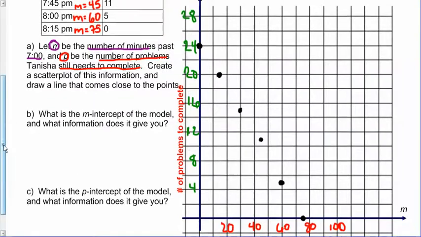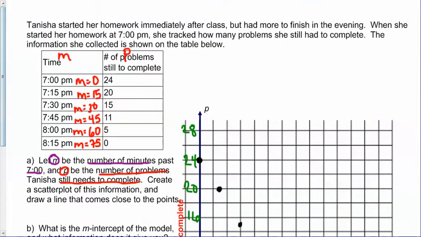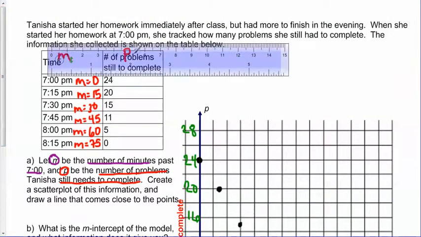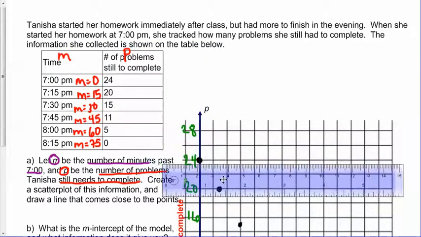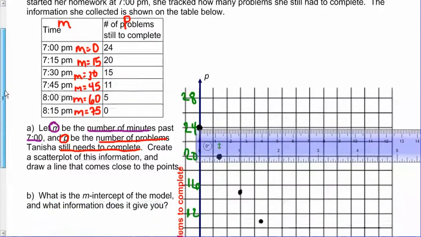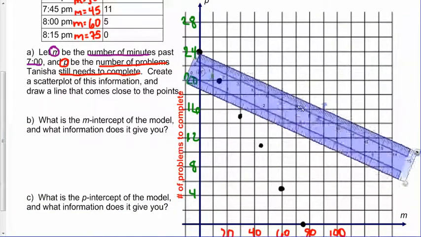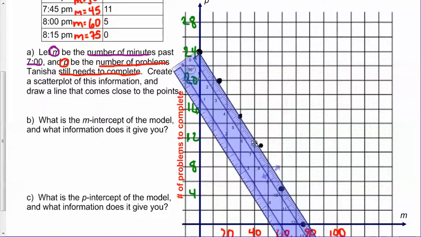So let's go up and get our straight edge so we can draw a line that comes close to our points. So we're going to grab the straight edge, and we're going to bring that down here. And we're going to line it up on this first point here. And then we're going to just scroll down just a little bit, and we're going to pivot that straight edge just like you would do if you were working on your own paper.